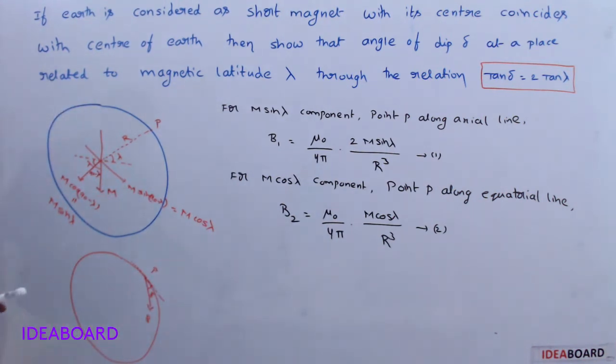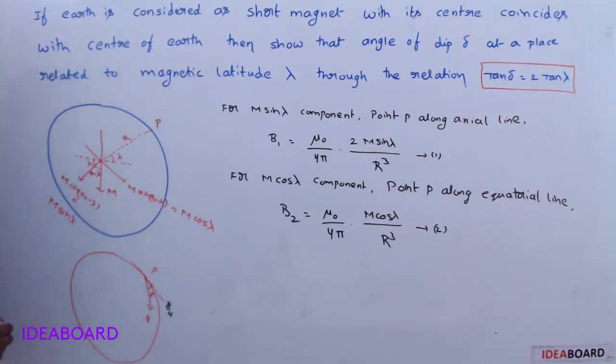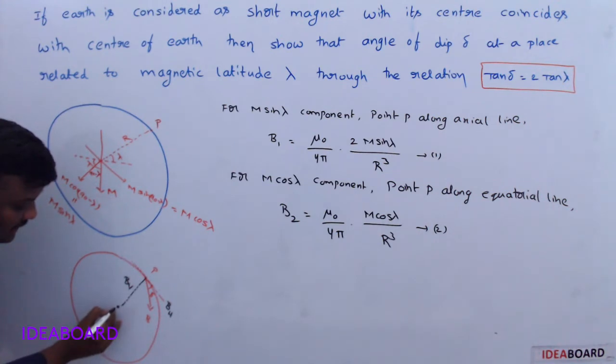Now B is divided into two components, one is BH and another one is BV, with respect to the center O.